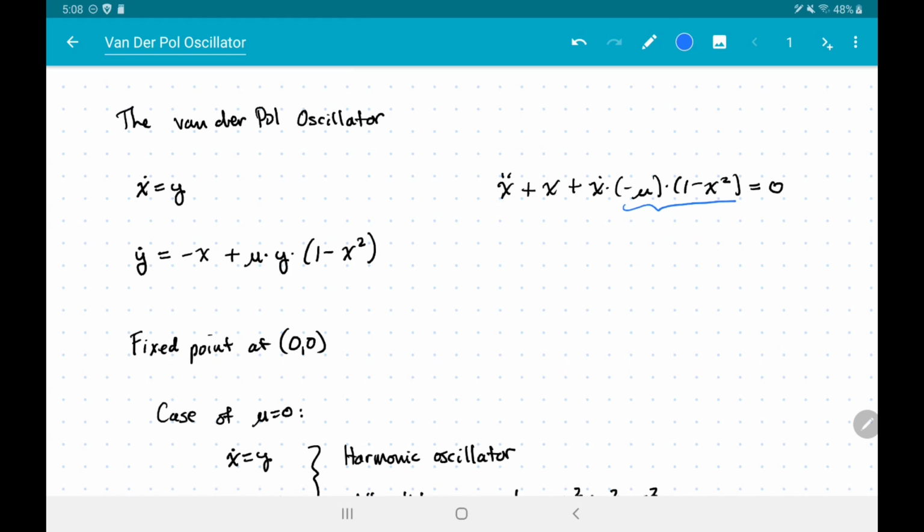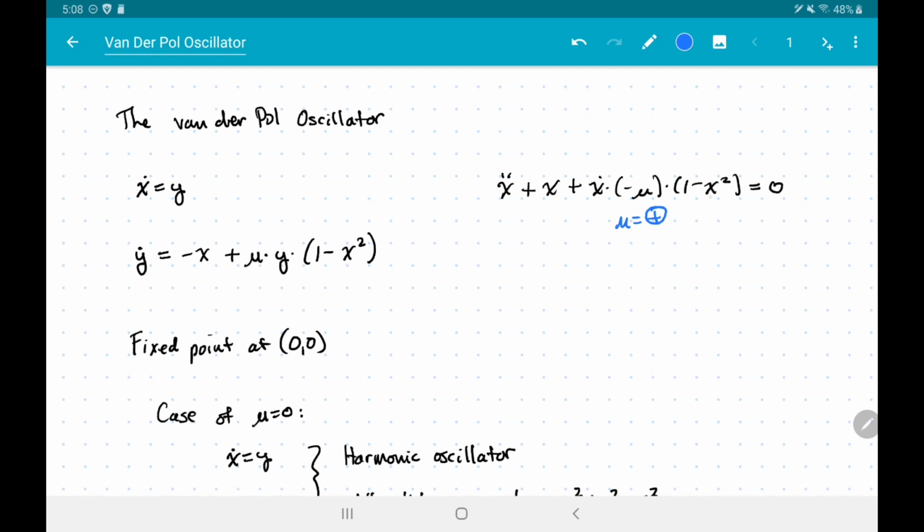In fact, if x is small, then this term will be positive, and that term will have the opposite sign to mu, which means that if, for example, mu is positive as well, then for small values of x, the damping is effectively negative, which is the opposite of damping, and oscillations will tend to grow.